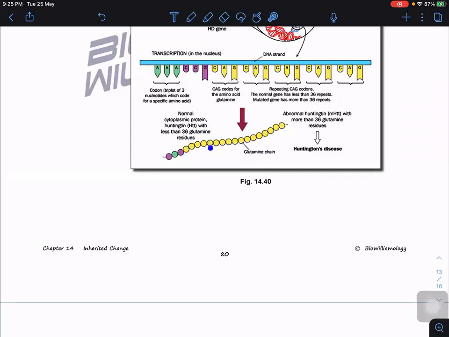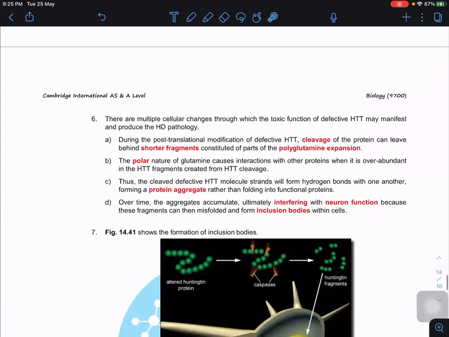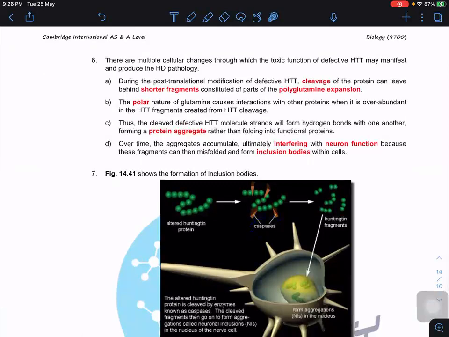When it cannot function, our body does have an enzyme to cleave this defective protein into short fragments. Are you clear? The enzyme cuts it into very, very short fragments.